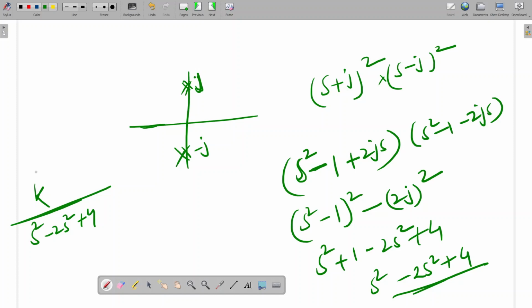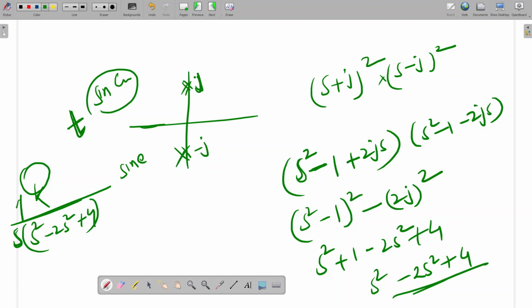We should take this into the time domain. How can we do it? We should take it in sine or cos. If only sine or cos comes, with no t multiplication, we take the step response 1 by s into this and take the inverse Laplace.